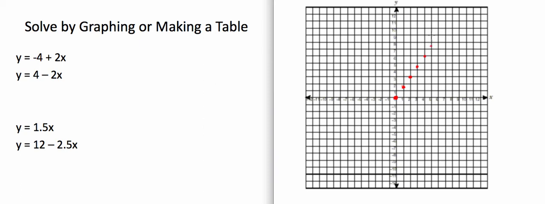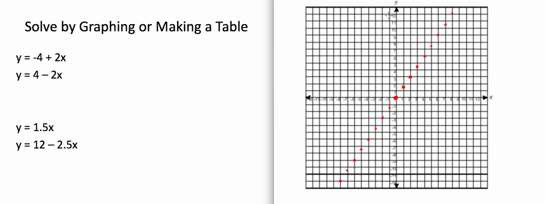We continue this and make our dots as far as possible on the graph. We go back the other way too, because we don't know where our graph's going to intersect. It could be in positive values up here, or it could be down here.